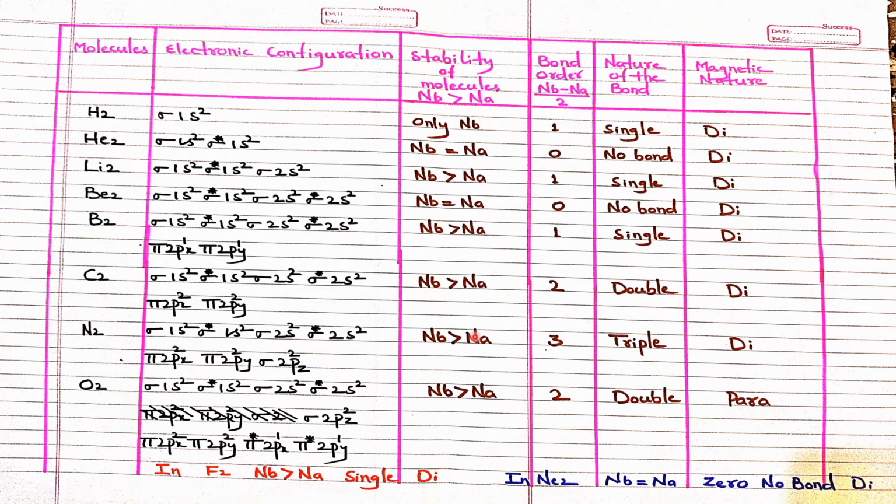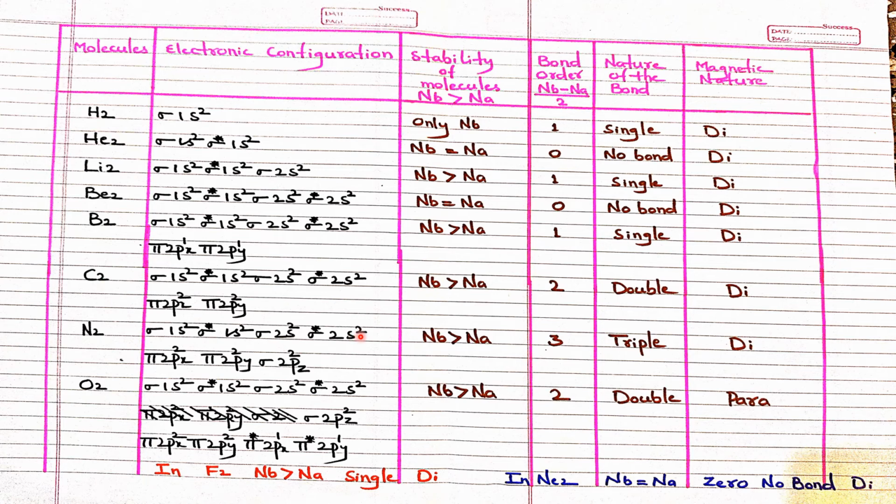Now in the case of N2, each N will bring 7 electrons. N2 totally 14 electrons. So using 14 electrons, please write down the electronic configuration using yesterday's slide. Now Nb is more than Na, definitely stable. But how many bonding electrons? In nitrogen, Nb equal to 10, whereas Na equal to 4.